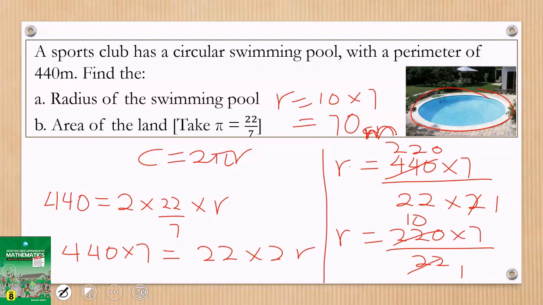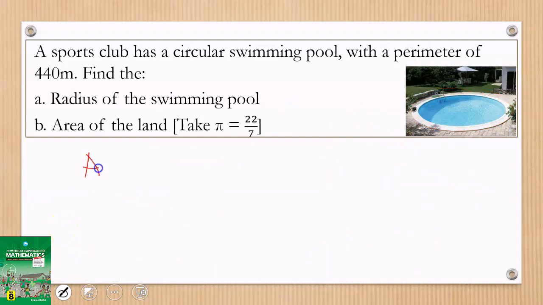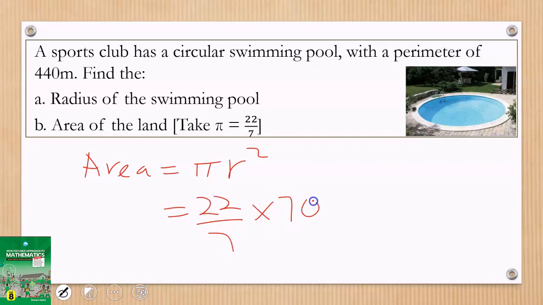Now I want to find the area of this swimming pool. Okay, to find the area, we just have to make use of the radius. So our area, which we know as pi r squared, pi still remains 22 divided by 7. Our radius is now 70 times 70.